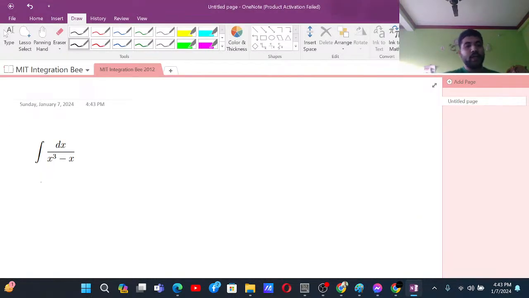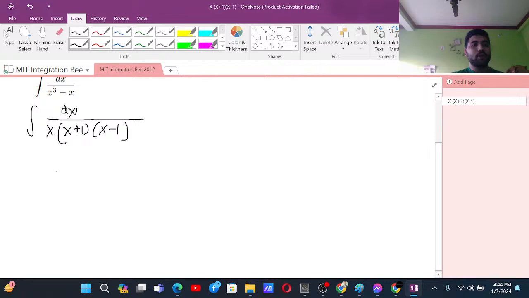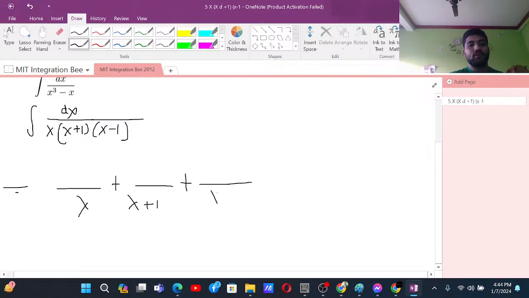Now over here you can just break this as x, and then x squared minus 1 is (x plus 1)(x minus 1). Now you can use the cover up rule to solve this problem. So what the cover up rule says is, let's say we will have three fractions, one of x, another of x plus 1, and another of x minus 1.